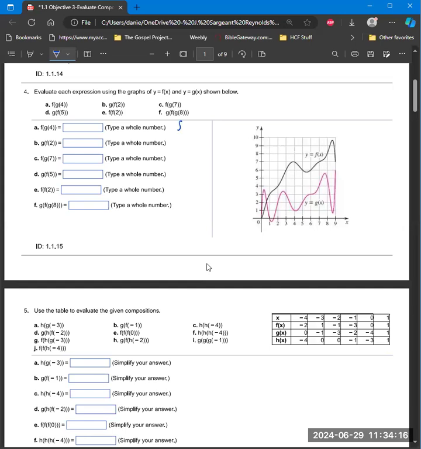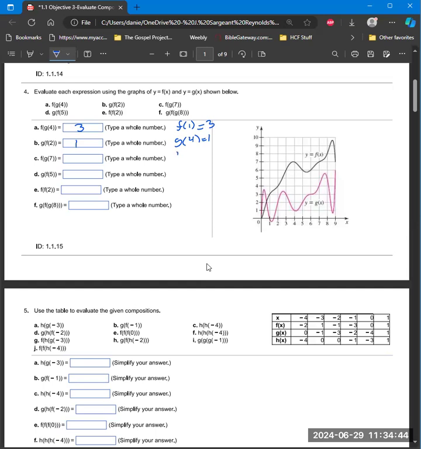So we want f of 1, and f of 1 is going to be 3. Now we want g of f of 2. So f of 2 is 4. G of 4 is 1.